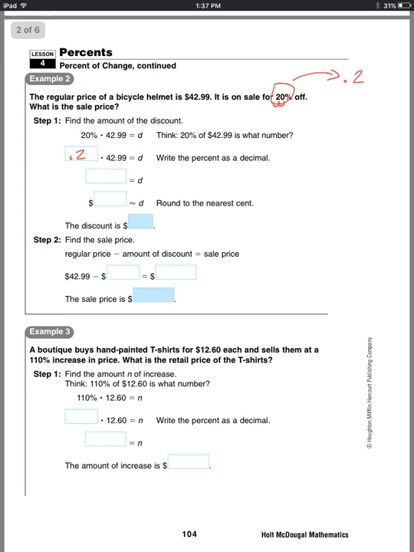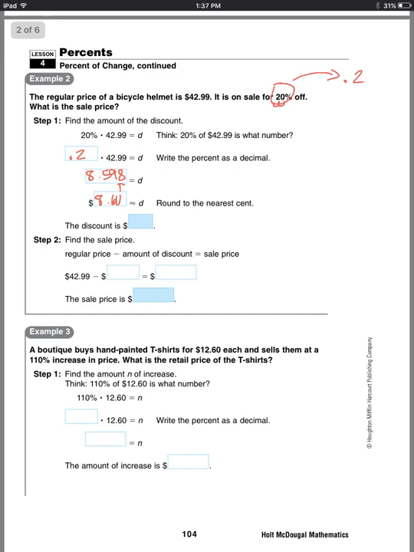When we multiply them, that will give us how much money we get off the original price. So when we multiply 0.2 times $42.99, we get $8.598. Okay? But we need to round to the nearest cent, so this 8 is going to make that go up to $8.60.